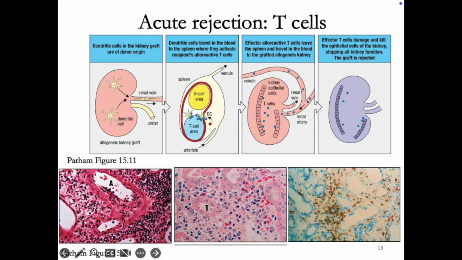As you will see in a later slide, there are a couple of ways acute rejection can happen and can work. So this actually shows kind of one specific one.